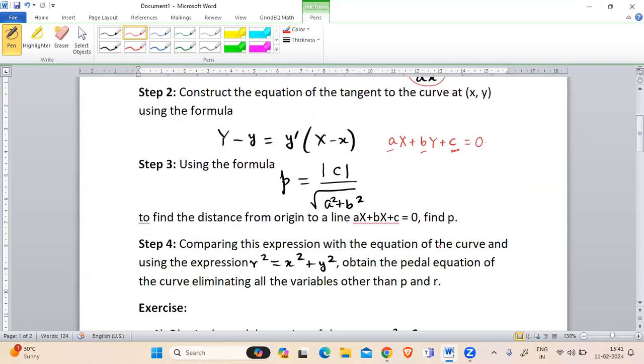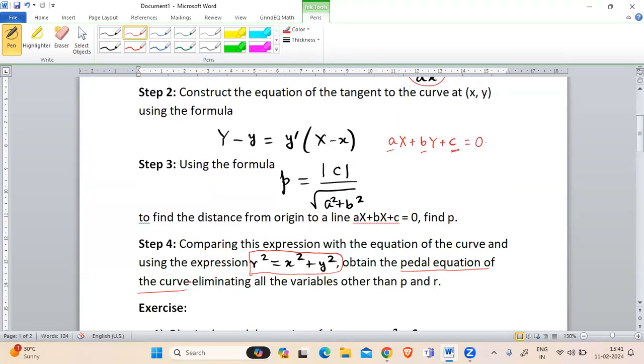Once we have done that, we compare this expression with the given equation of the curve, and also substitute r² for x² + y², and by eliminating all the variables other than p and r, we obtain the pedal equation of the given curve. So these are the steps involved.